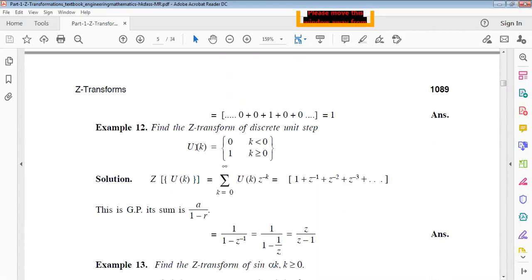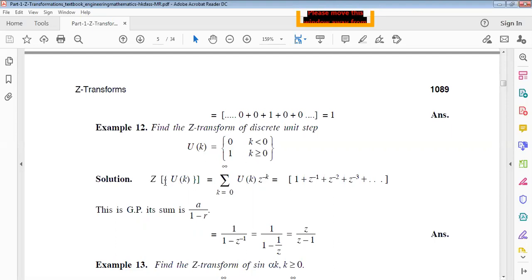Next one, find the z transform of the discrete unit step. Discrete means the domain values are separated: first k values are negative, second k values are non-negative. This is why the sequence u(k) equals 0 for negative k, and u(k) equals 1 if k is non-negative.